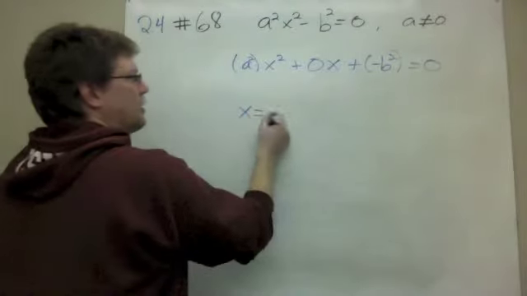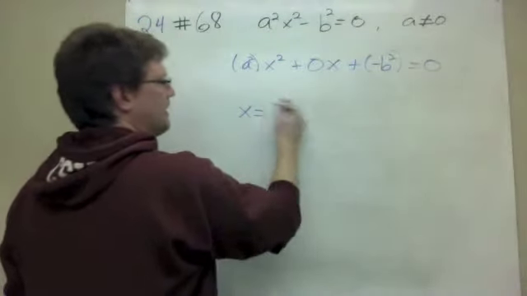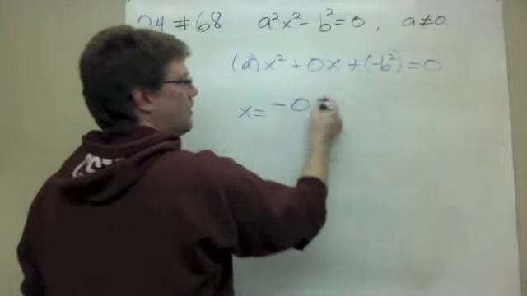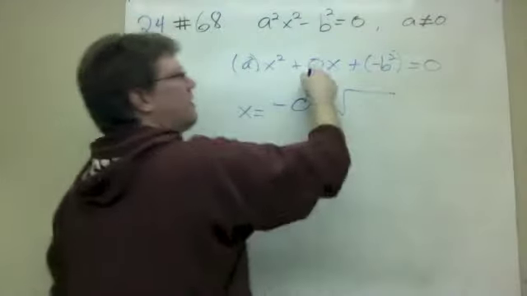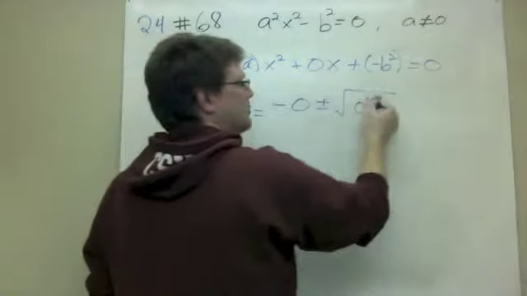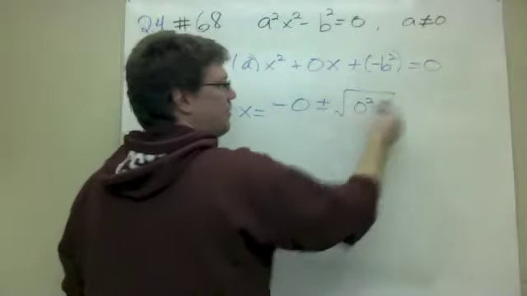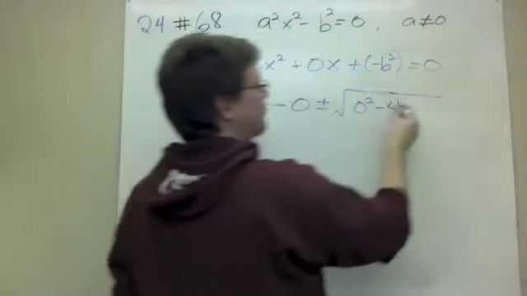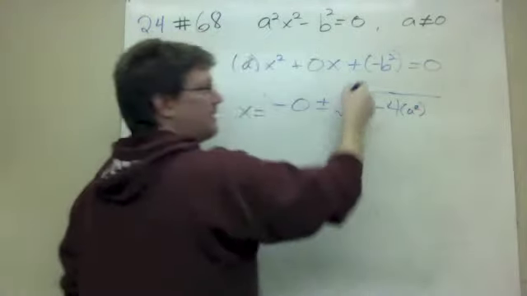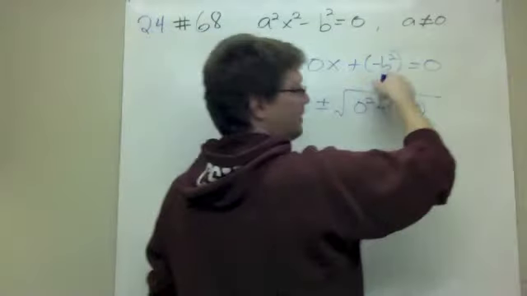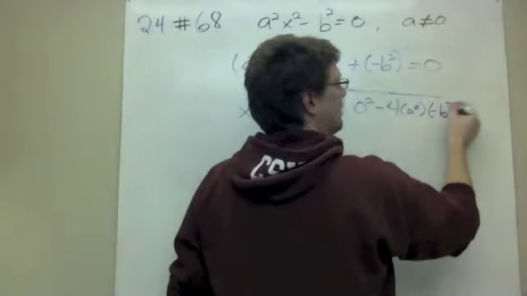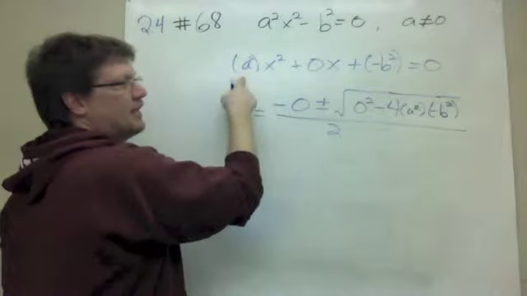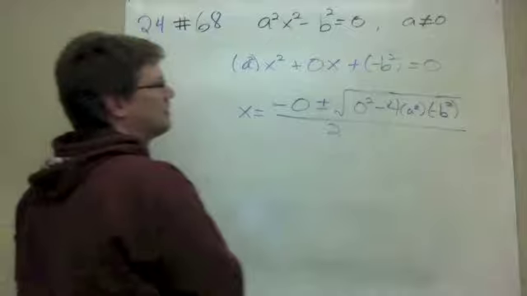So x is going to be negative the term that multiplies our linear bit, so that's 0, plus or minus the square root of the term that multiplies our linear bit squared, minus 4 times whatever is in front of our x squared term, times whatever is our constant term, over 2 times whatever is in our square term.